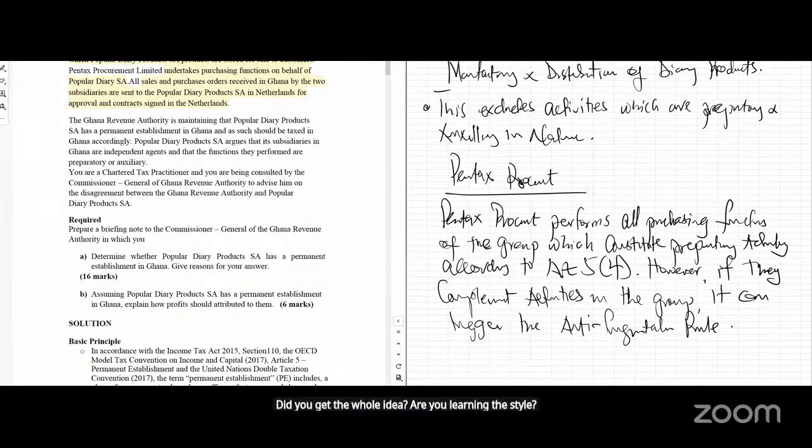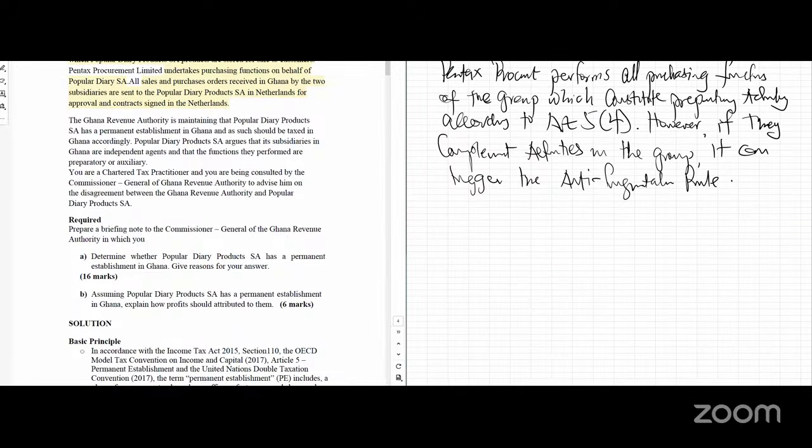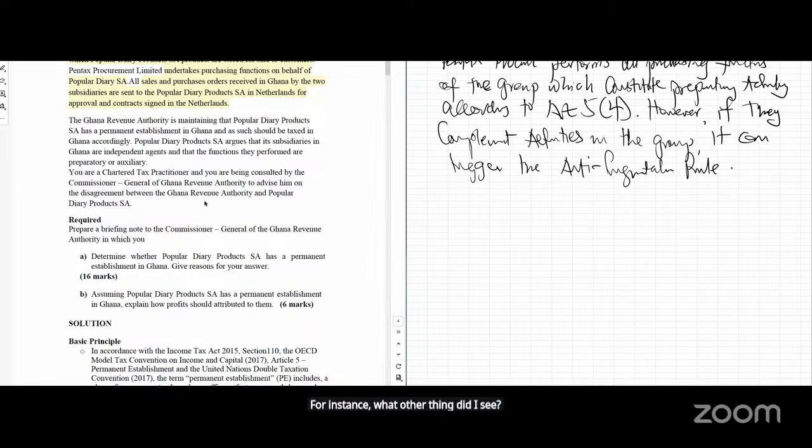Look for the things you know about PE, and then expand a bit on them. For instance, what other thing did I see? Independent agents. I can just take independent agents and underline.